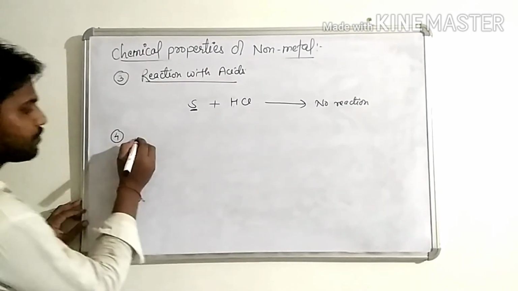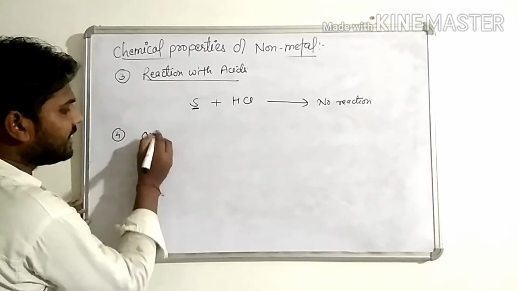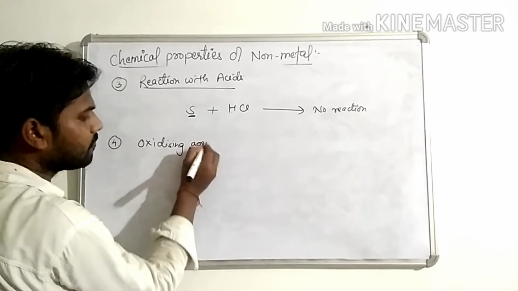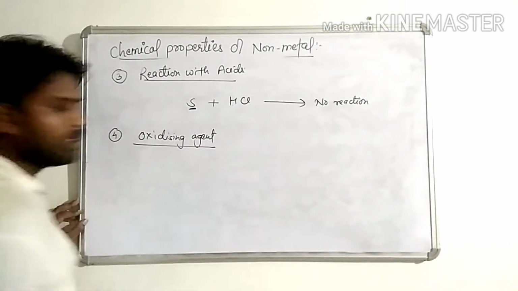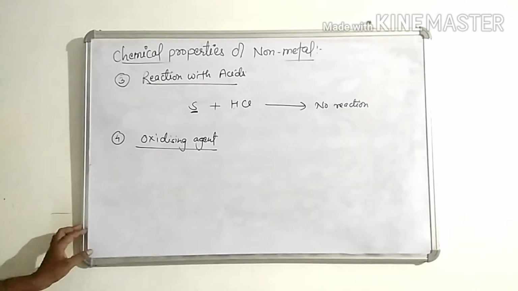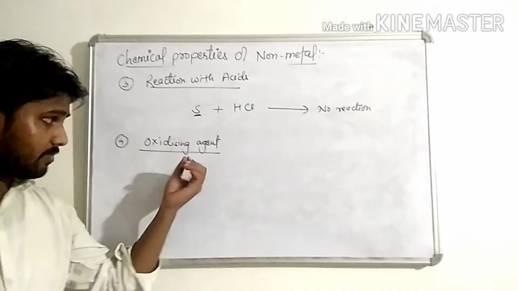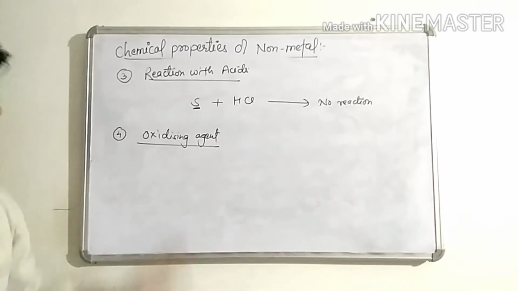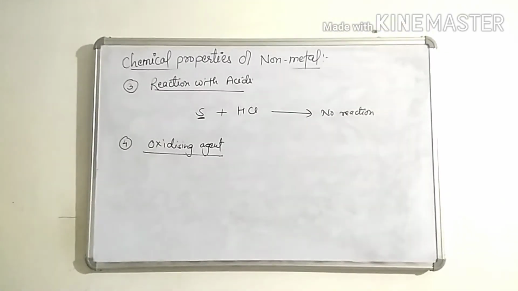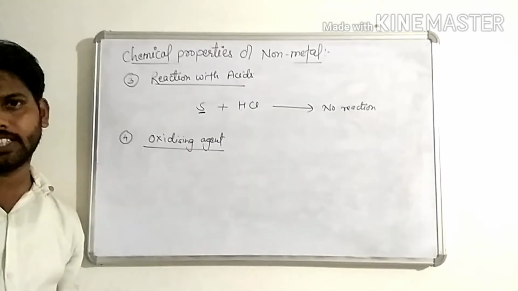Fourth, oxidizing agent. Children, this topic has been explained in the first chapter. The substance which gets reduced is known as an oxidizing agent.